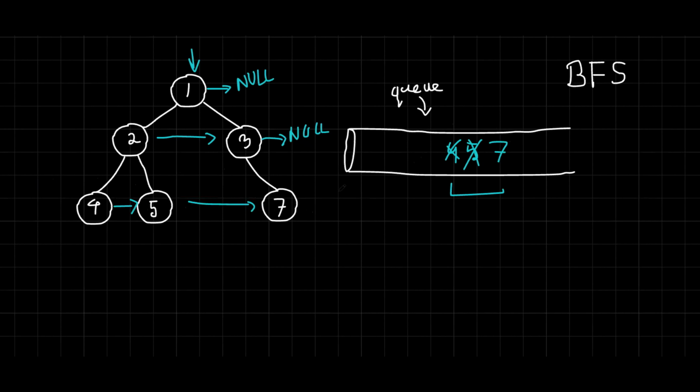And 7 is the last element of its level. So we have to connect 7 with null. Finally, we have to remove 7 from the queue and the queue will become empty. So far, we have seen that we have manipulated the next pointer by using the queue data structure and the BFS algorithm. I hope you understood the algorithm.